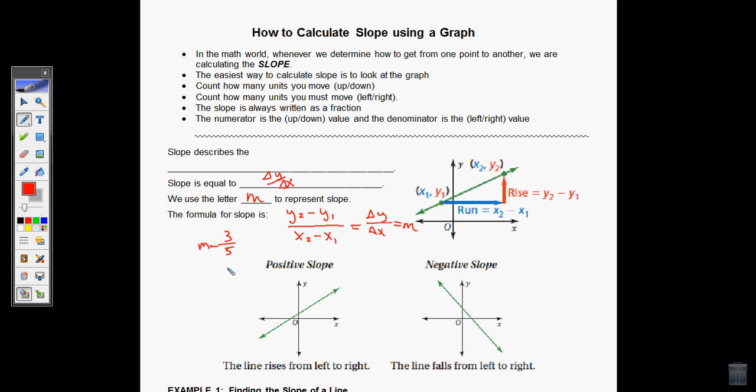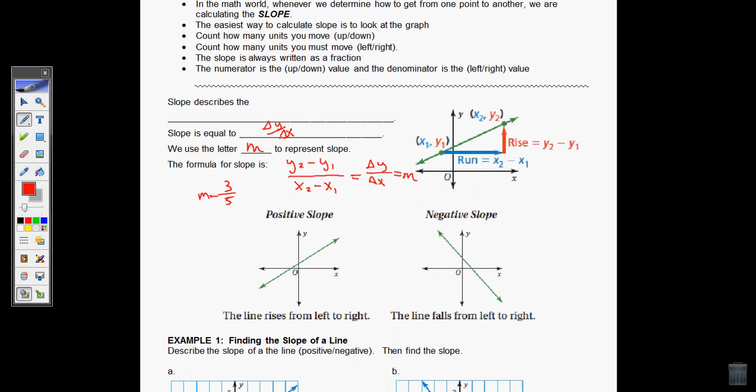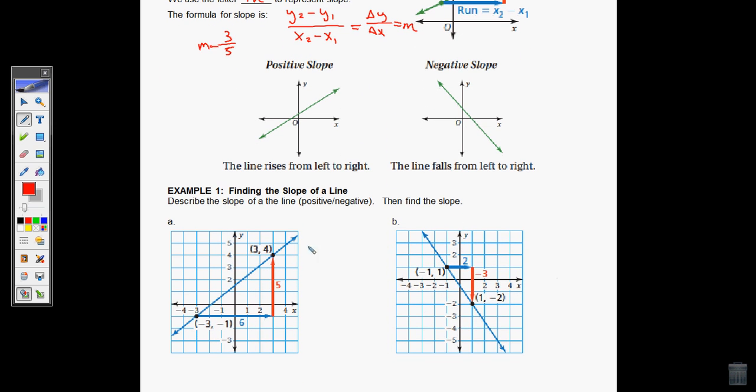Looking at a particular graph is always the easiest way that we can find slope. When numbers are involved, then we have to worry about using formulas. But for example, if we're looking at example 1, and I want to look at what is the slope of this particular graph, I say it's going up 5, and the up and down goes on the top of the fraction, and it's going over 6.